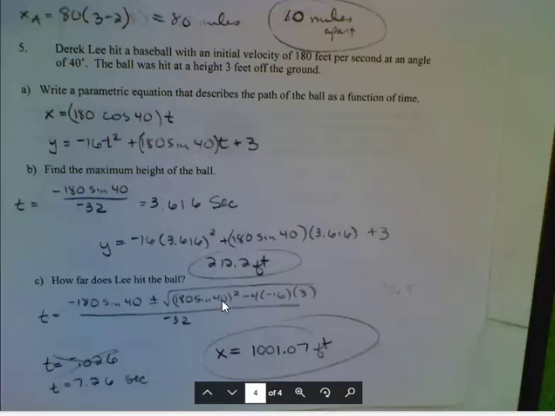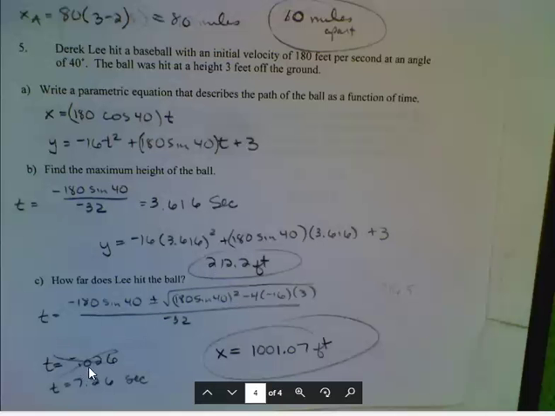Take that number and store it into, let's say, alpha b, because then you can come back to it and say, okay, I need to take square root of alpha b squared minus 4 times negative 16 times 3. Get what that answer is. So then you'll do negative b plus that number divided by negative 32 and negative b minus that number divided by negative 32. So practice putting that in your calculator.